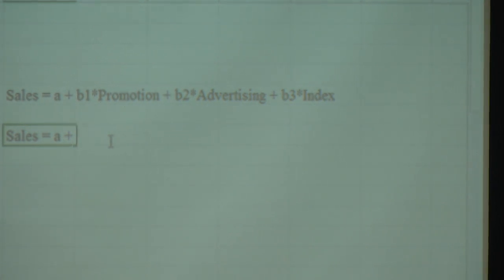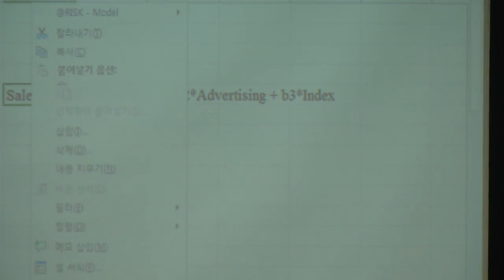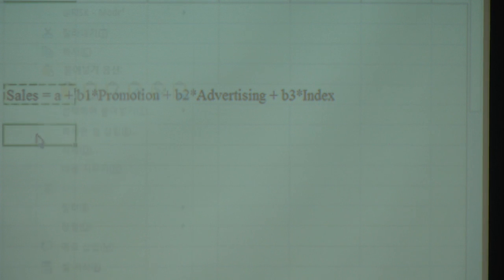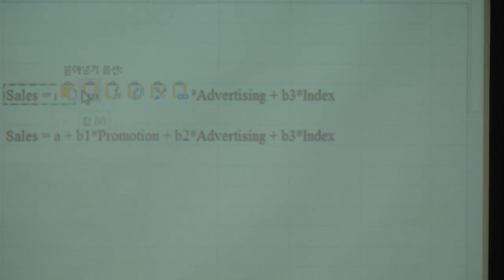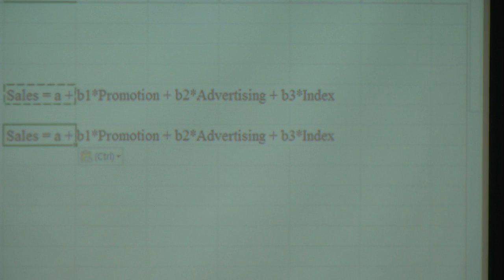Okay, let me do the same. Okay, I add some regression models here. So let's say copy it, paste it. But this is not the whole thing. I want to add some additional variables.